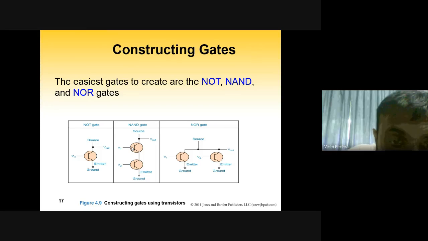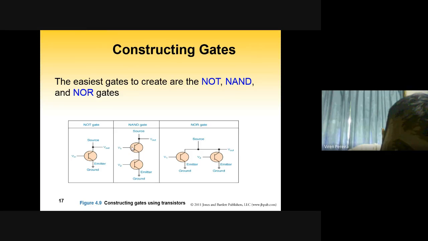And if V2 is given 1, what will happen to the source and emitter? It will short. But your 5 volts is on top. You can see source where it is written 5 volts is there. Is it shorted here? No, it is open.